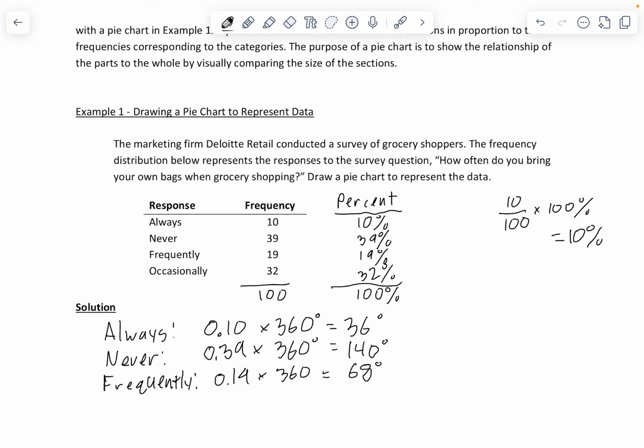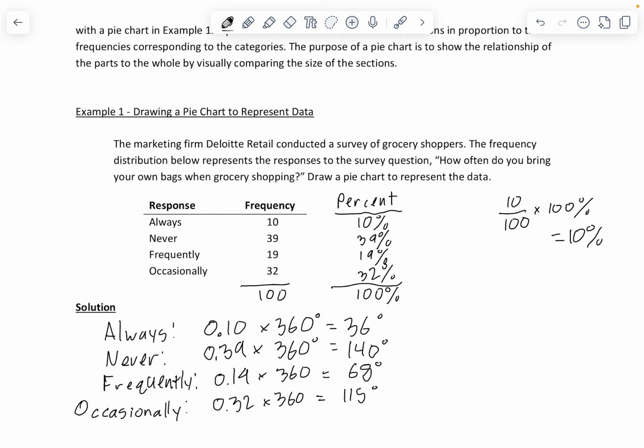And then occasionally, this would be 0.32 times 360, and that works out to be 115 degrees.